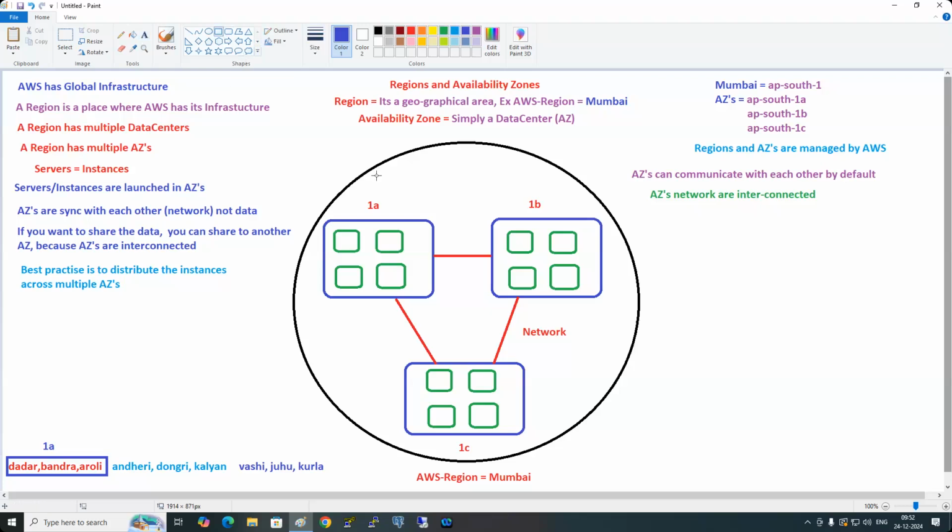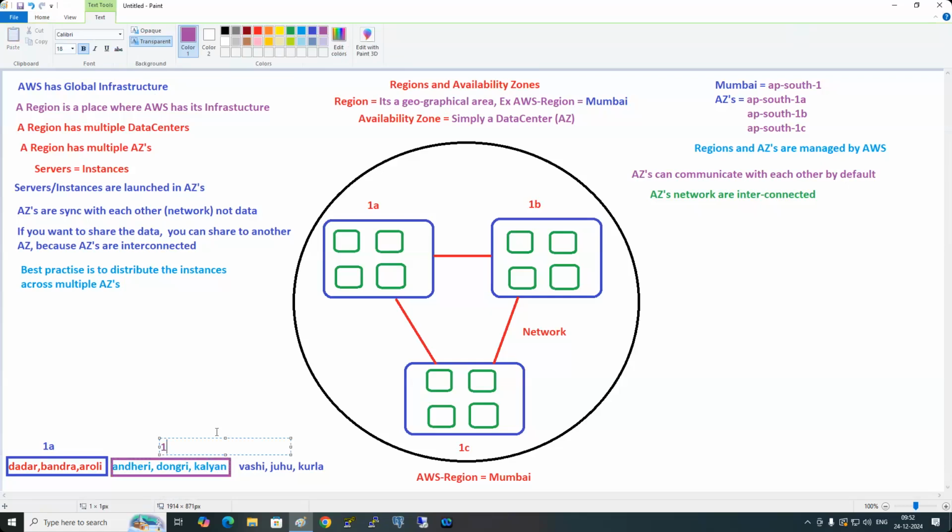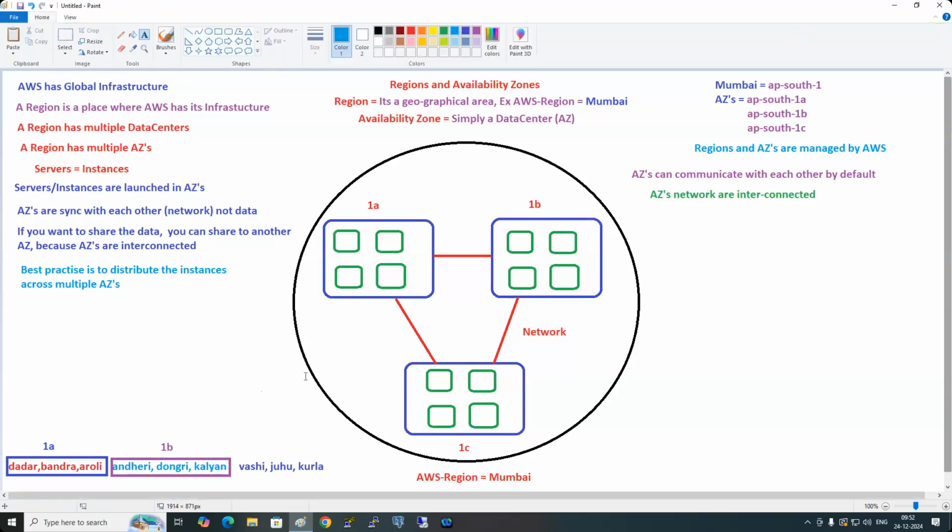Similarly here also, AWS might have set up one data center in Andheri, Dongri, and Kalyan, and it calls it 1B. And similarly here 1C. So do you all agree that an availability zone will go down easily?